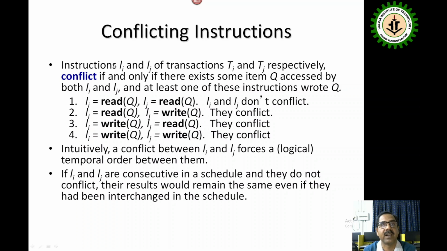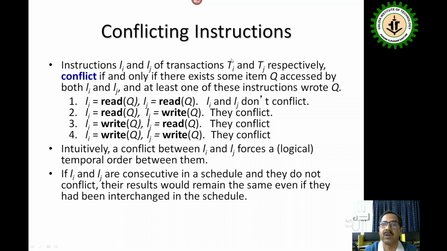Let us consider two instructions Ii and Ij. Which instructions do we consider here? Read operations and write operations. So Ii and Ij are the two instructions. Ii may be a read operation or a write operation. Similarly, Ij may be a read operation or a write operation. So these are instructions Ii and Ij of the transactions Ti and Tj respectively.